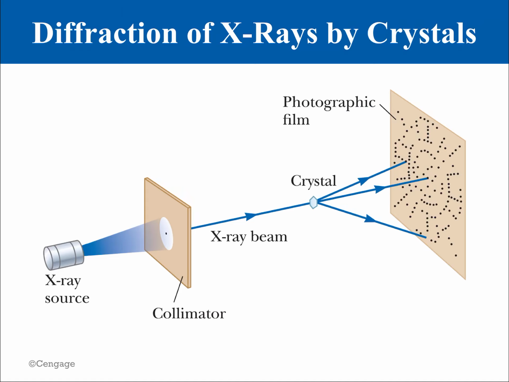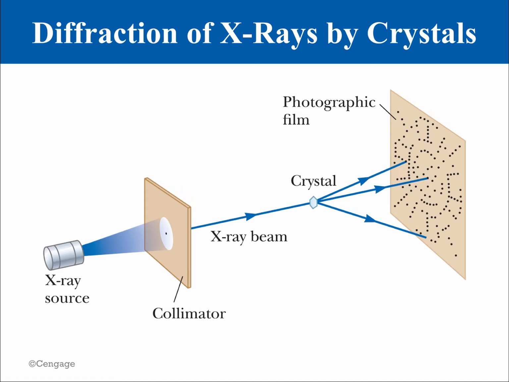All right, so recall that we can use diffraction gratings to measure the wavelength of light. So in principle, the wavelength of any electromagnetic wave can be measured if a grating having a suitable line spacing can be found. So the spacing between lines must be approximately equal to the wavelength of the radiation to be measured, and X-rays have a wavelength of, as we said before, about 0.1 nanometers.